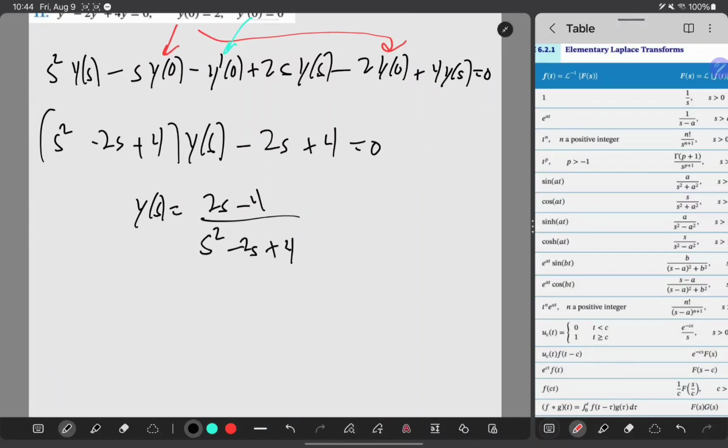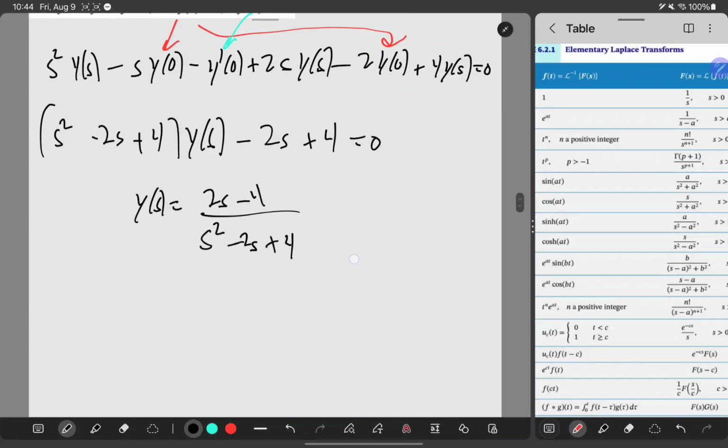What would I do in this situation? Looking at the bottom, if I could get an s minus 1, that would be ideal. Well, no, let me think. Can the bottom be factored out nicely? Let me see. S plus 2. No, it can't. I would just complete the square and see where it goes.